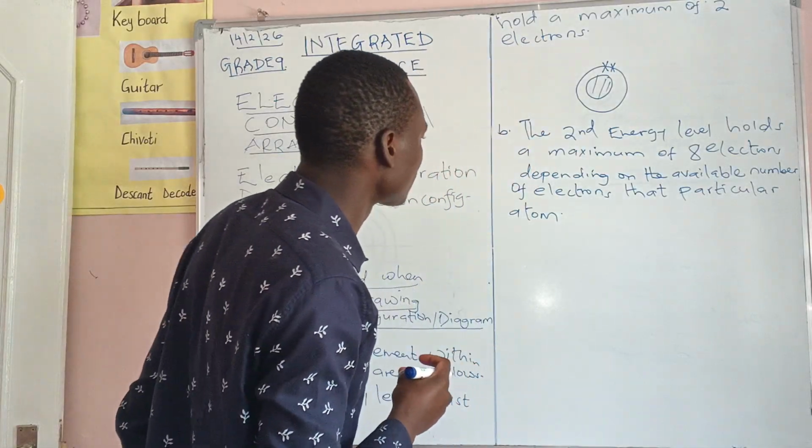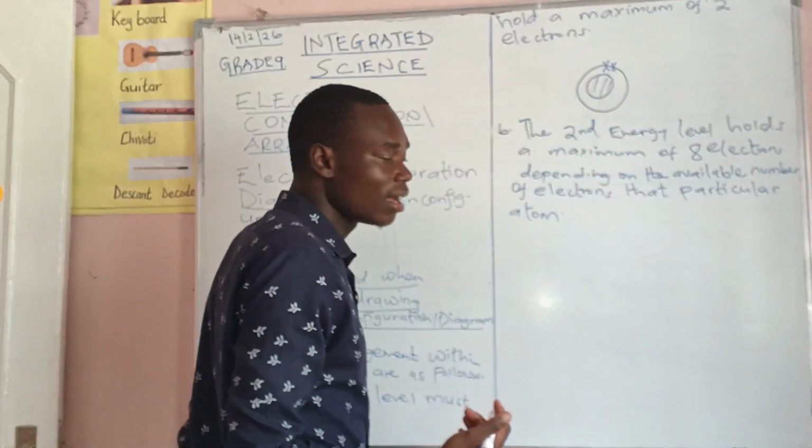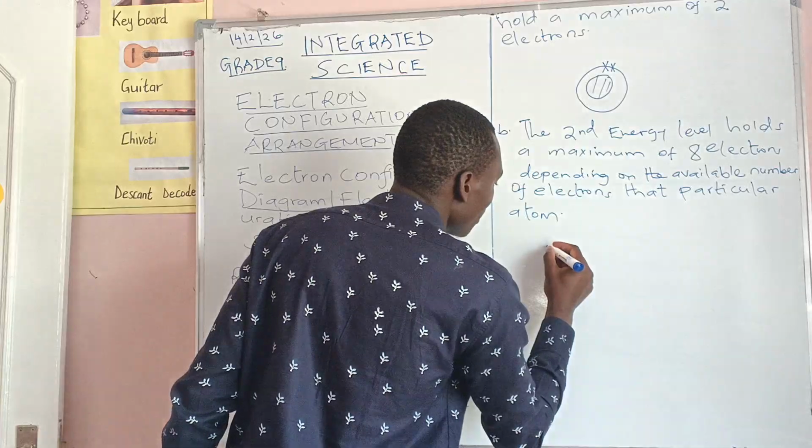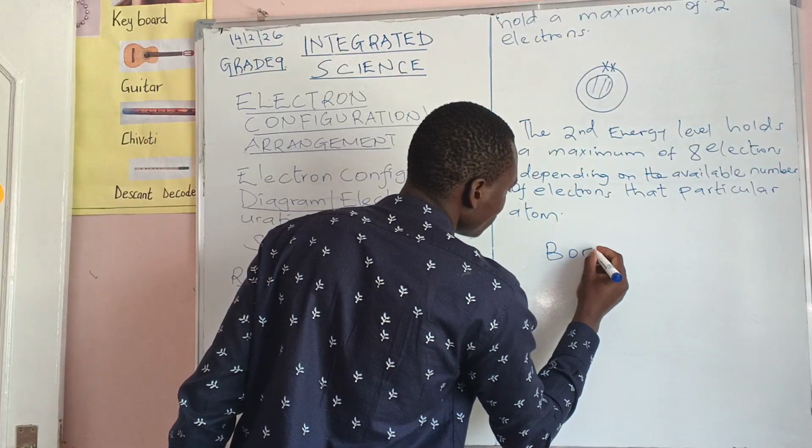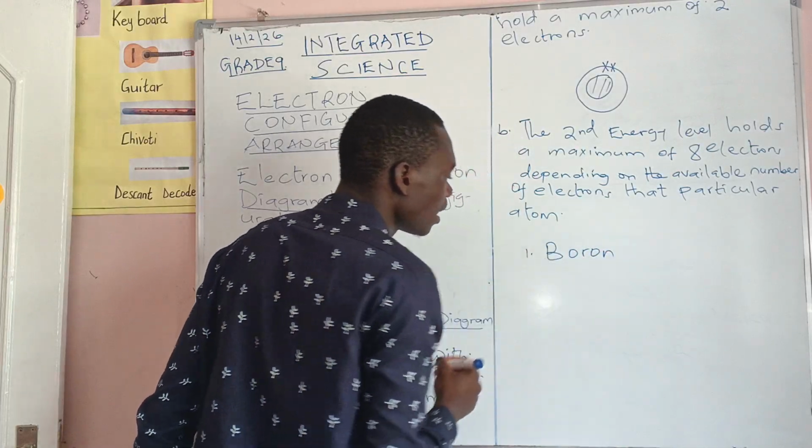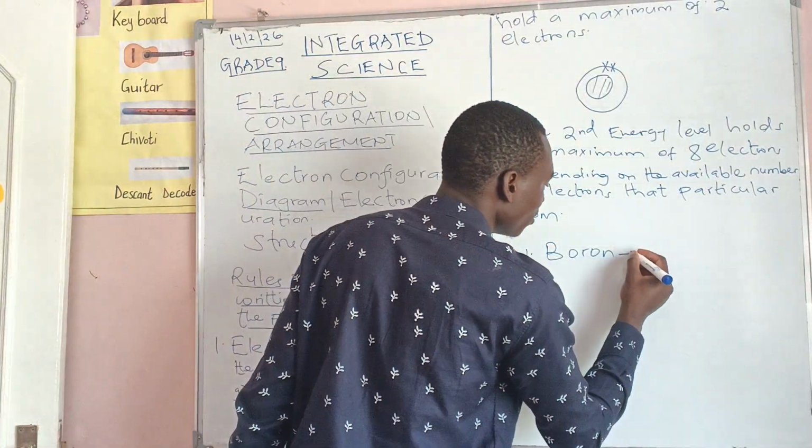Now you realize that there are some atoms, let's say for instance, boron. Boron is number 5 in the periodic table.